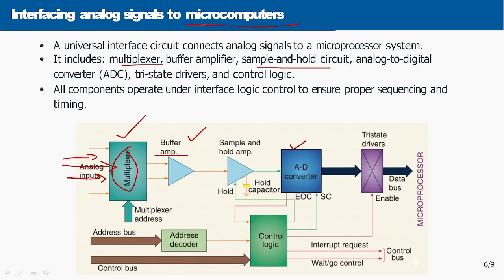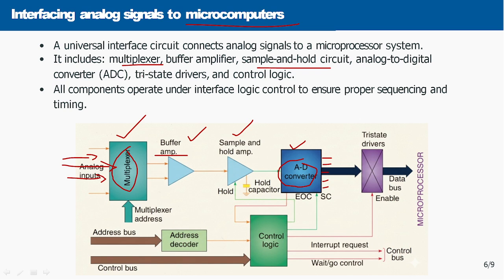So this sample and hold circuit will chop your signal at different instants of time, and then those signals are sent to the analog to digital converter. After passing through the analog to digital converter, we get multiple bits of that signal in digital form, a sequence of 1 and 0.